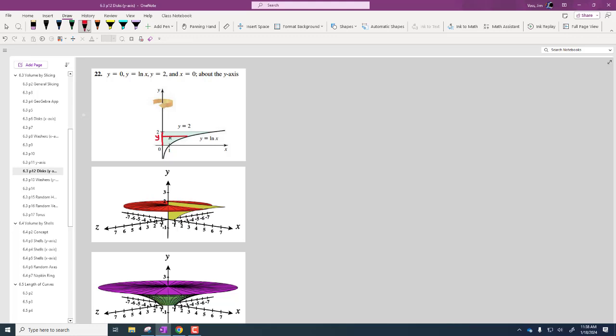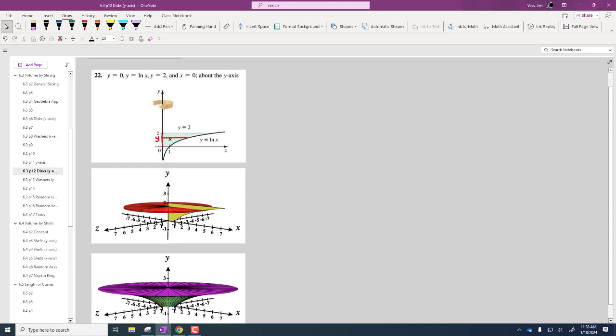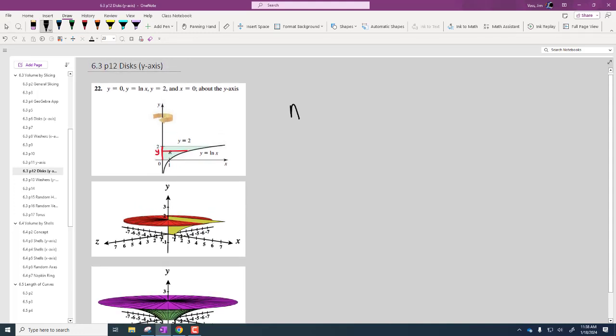Okay, so let's go ahead and find the area of our disk. The area of a disk is pi r squared, so that's our generic formula. Now the radius is this distance here. Radius is horizontal. Anytime we have a horizontal distance, we need to isolate x.